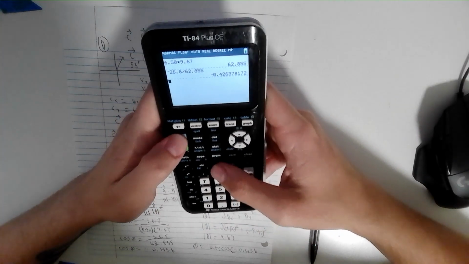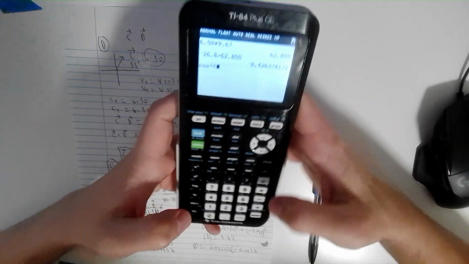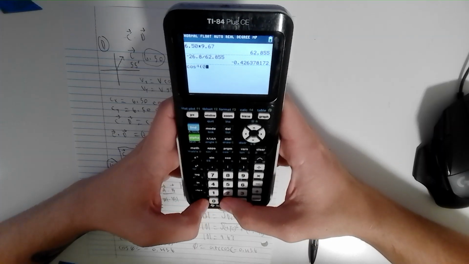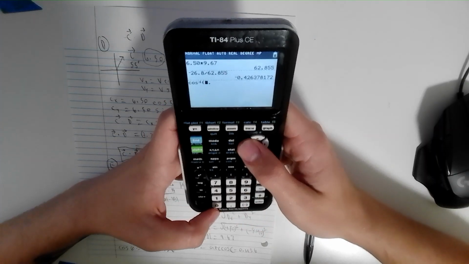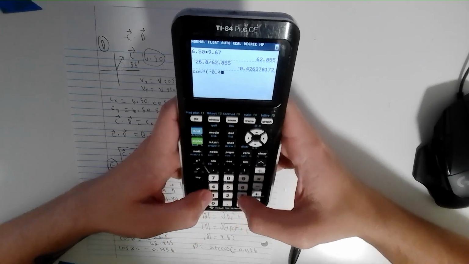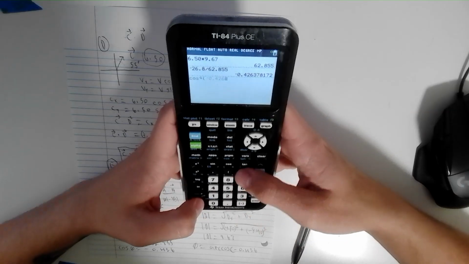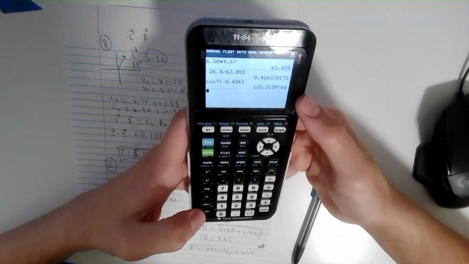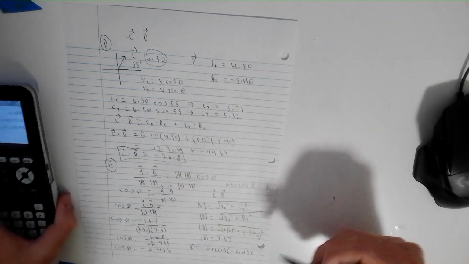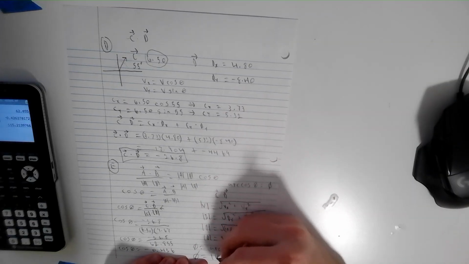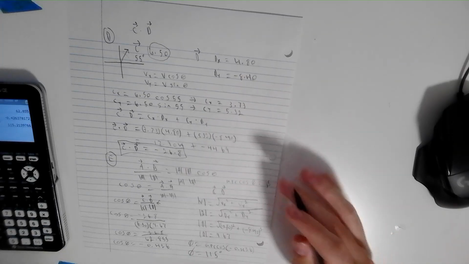Arc cosine is also inverse cosine, so cosine inverse of negative 0.426, and that's going to give us the angle of 115.21, but we can round that to the angle equals 115 degrees.